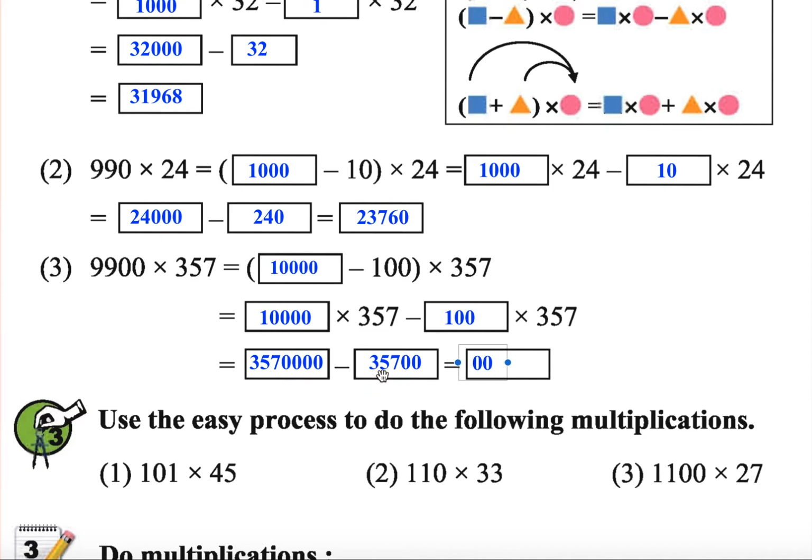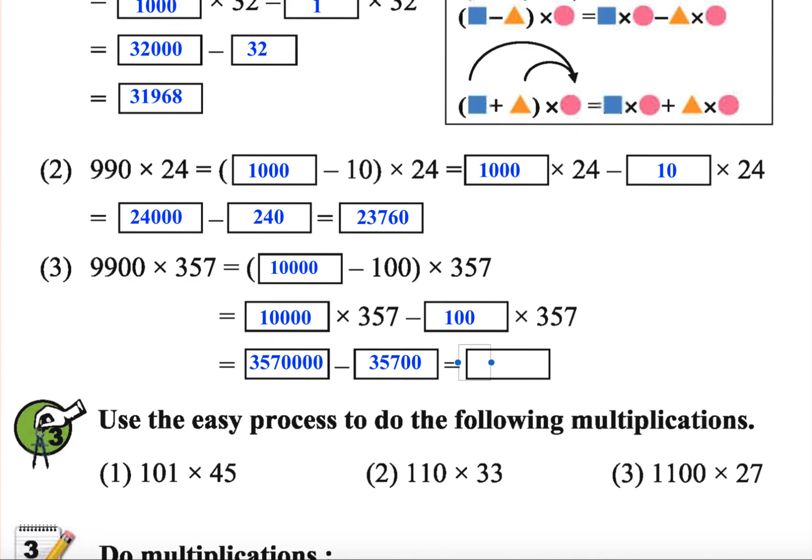Remove 30,000 from this. This is 70,000, right? Remove 35,000 from 70,000. This will become 35,000. Remove 700 from 5,000. 4,300.